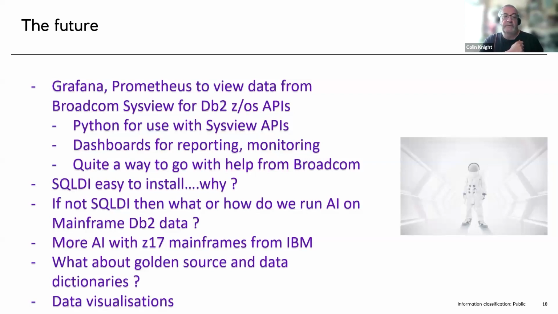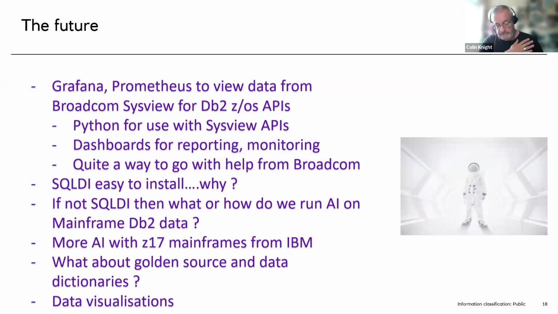But also within Grafana, we can produce dashboards to report on monitoring information from the DB2s. So that's opening a window, I think, which I'm hoping can be exposed to areas maybe outside the mainframe, but certainly our management team to look at how DB2 is performing and what it does, which might help to answer some questions for a lot of people. And thanks to Broadcom for giving us help along the way there.